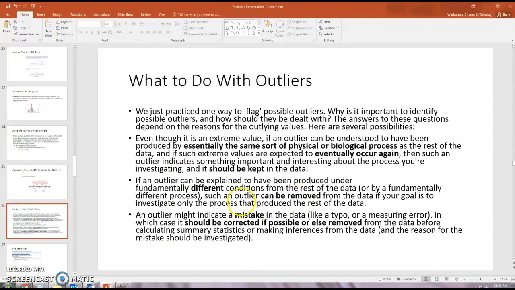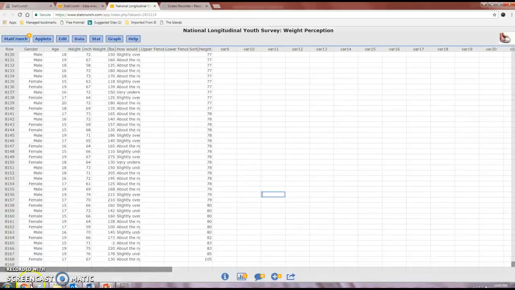However, we need to be sure that no mistake was made. So if somebody is 1,000 inches tall, I would say that's probably a typo and we need to remove it. Or if it can be determined that it was collected in some other way, then we should probably remove the outliers. So I think in this case, because our outliers were due to natural processes, I'm just going to keep those outliers in my data set and call it good.